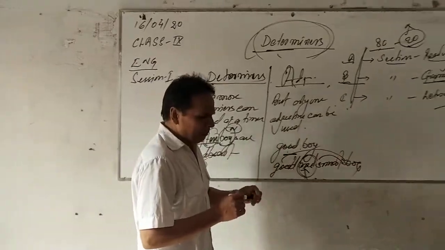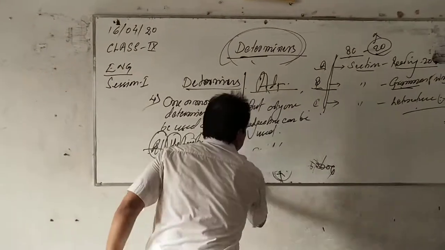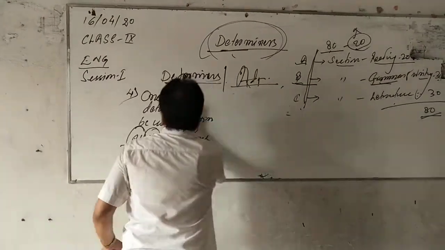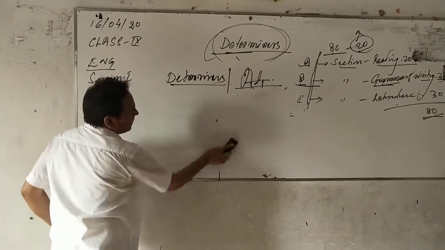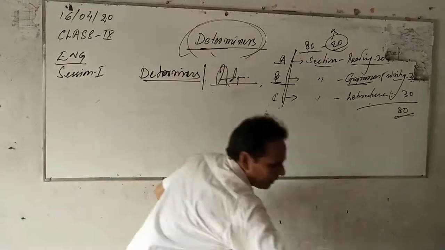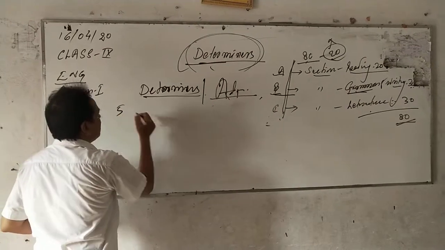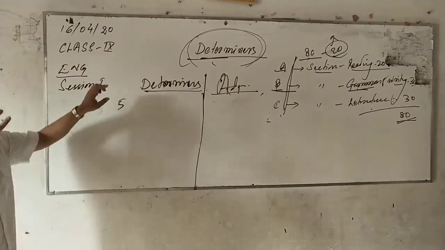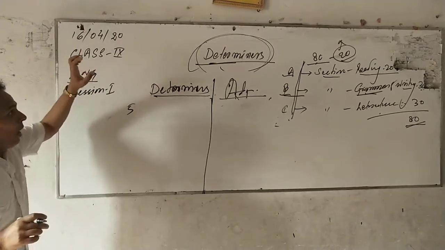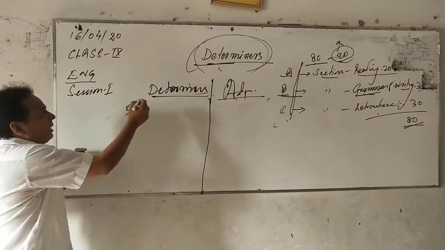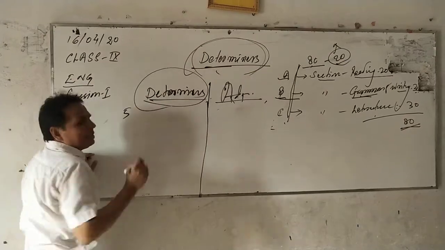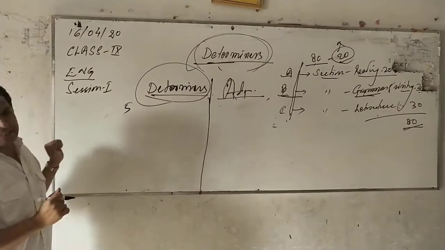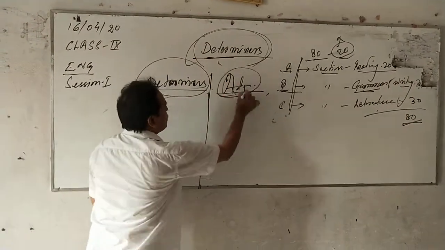Now the difference number five, adjective and determiner. A determiner always controls the syntax, but an adjective doesn't control the syntax.